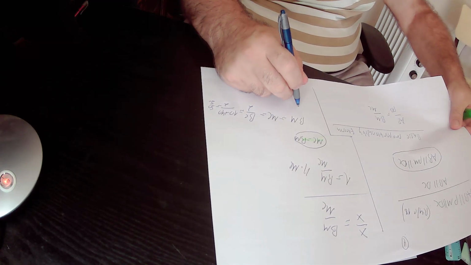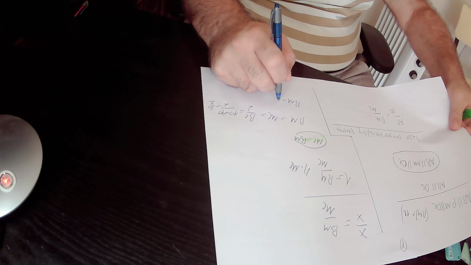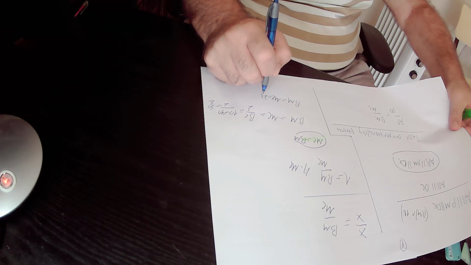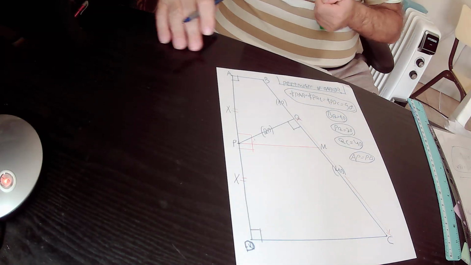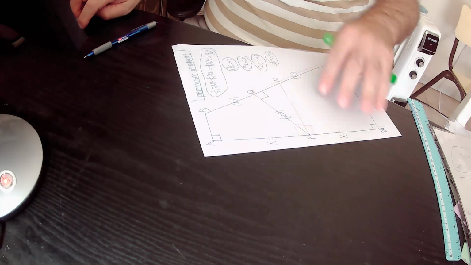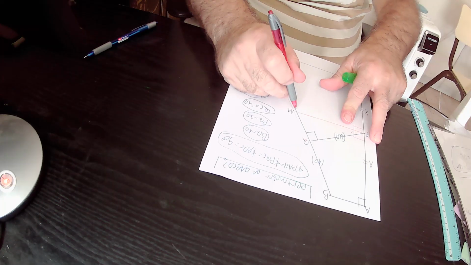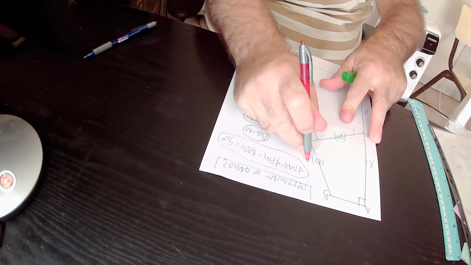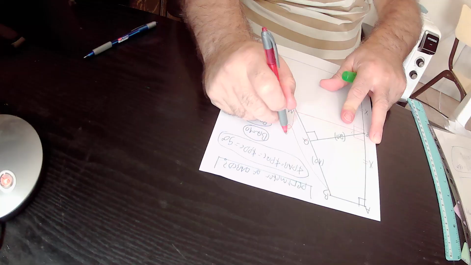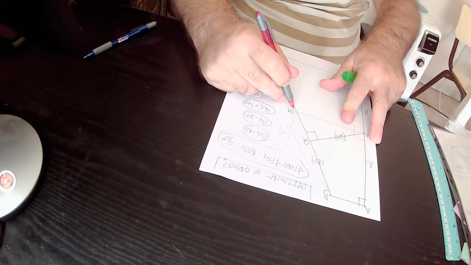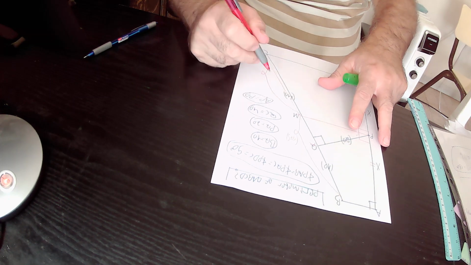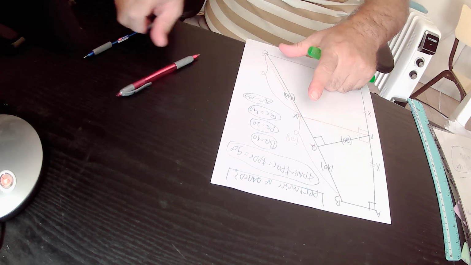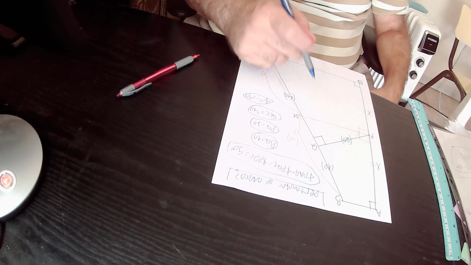So in total, we found out that BM equals MC equals 25 units in length. And according to what is given in the question, QC equals 40 units in length.